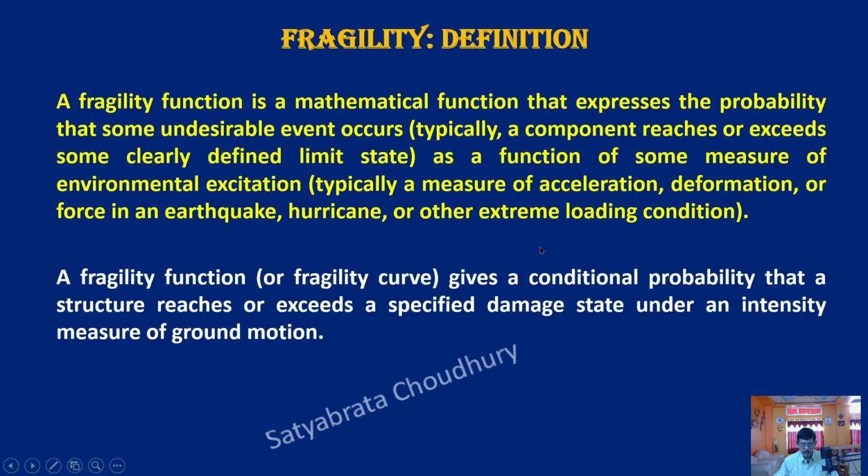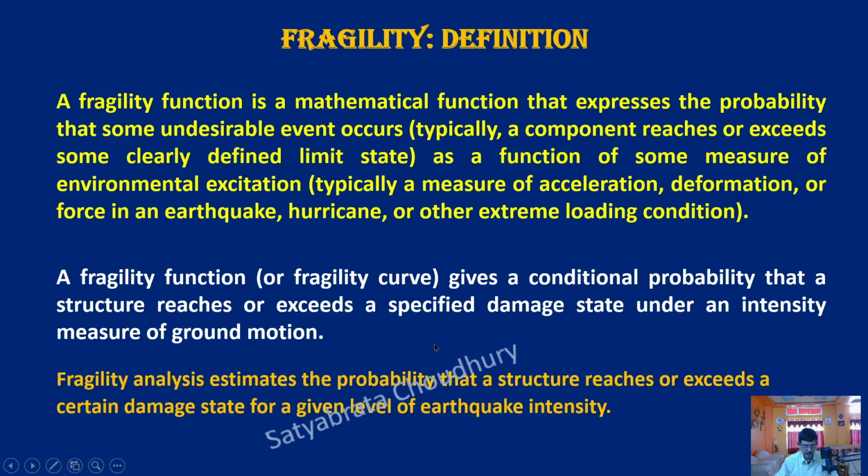A still shorter definition is like this: a fragility function or fragility curve gives a conditional probability that a structure reaches or exceeds a specified damage state under an intensity measure of ground motion. What the intensity measure is, we shall see in the coming slides.